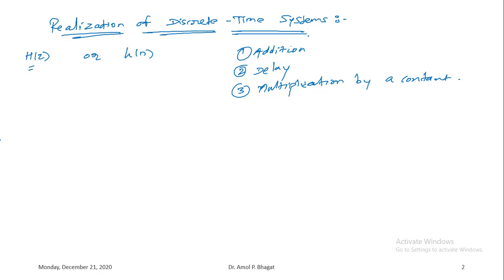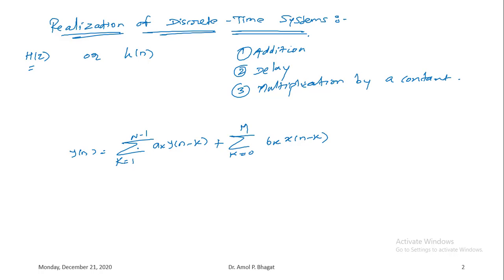So as we have already seen, the generalized form of difference equation we have specified as y of n is equals to summation k is equals to 1 to N minus 1 a_k y of n minus k plus summation k is equals to 0 to M b_k x of n minus k, right?